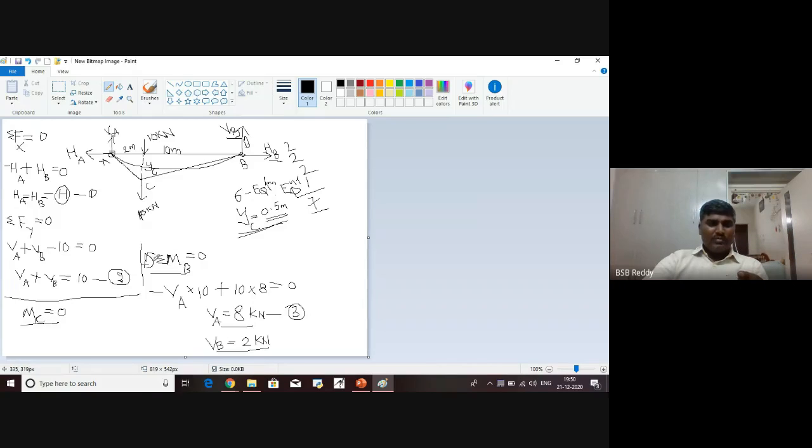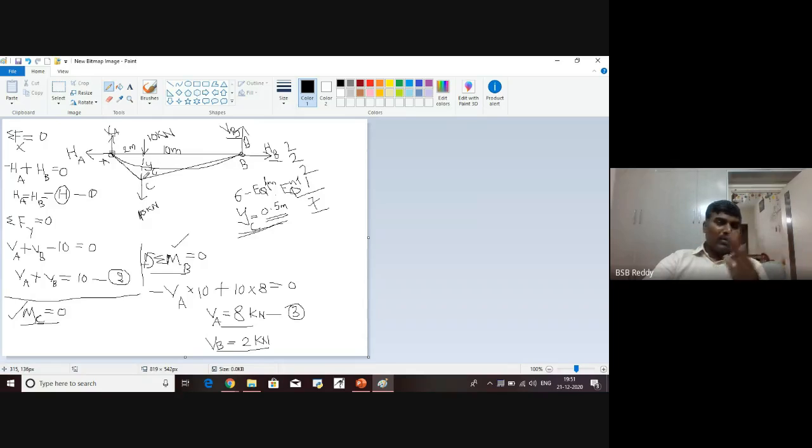This is equilibrium equation for the free body. Okay, this is moment at a section is equal to 0 is a condition. Okay, so for this you are taking all the forces, whereas for this you are taking either to the left or to the right of the section. That should be very careful. So moment at C is equal to 0. We are applying that because cable cannot take bending moment. That's why moment will be 0 on the cable at any point.